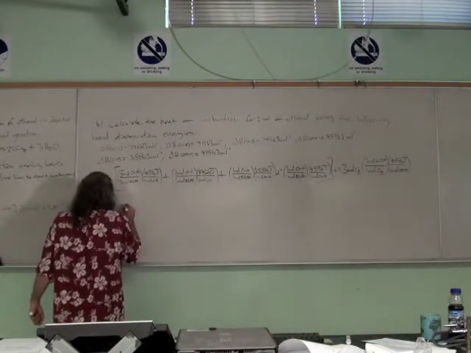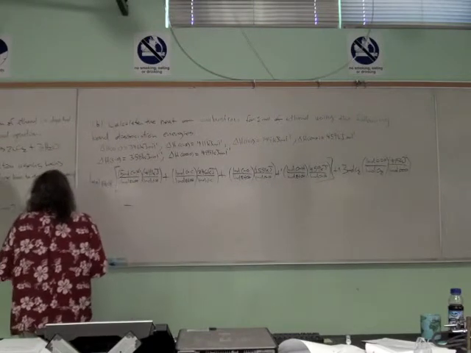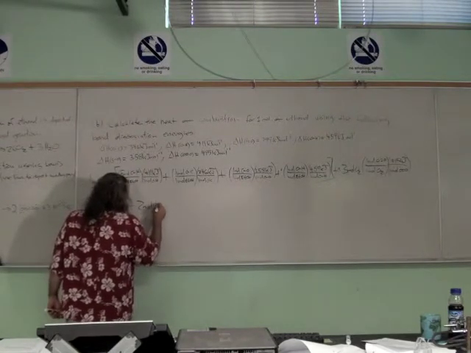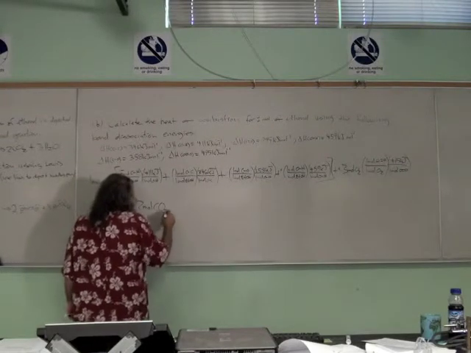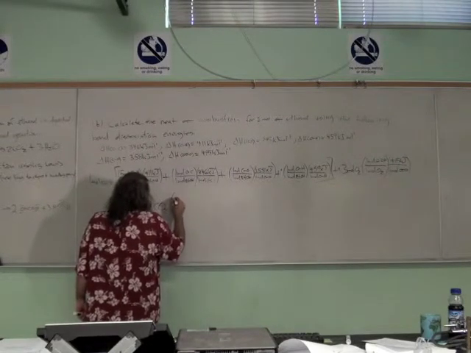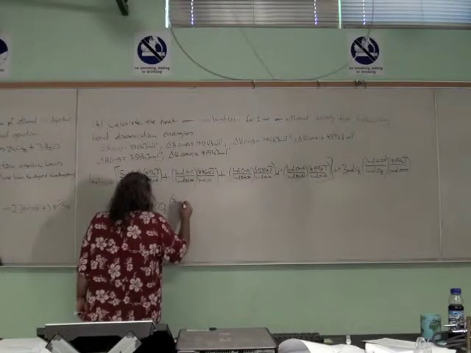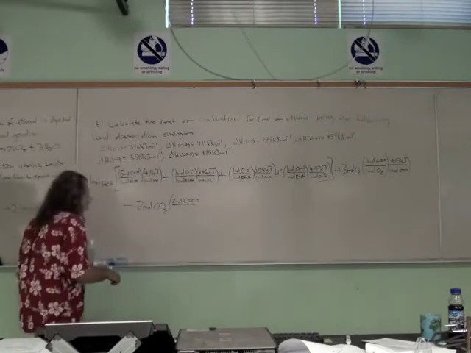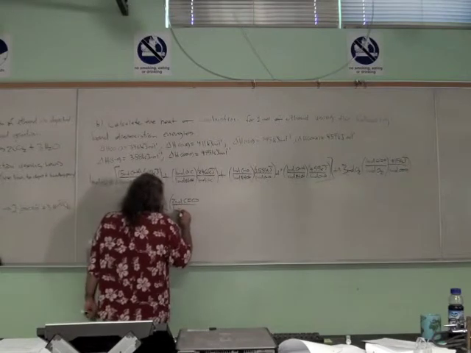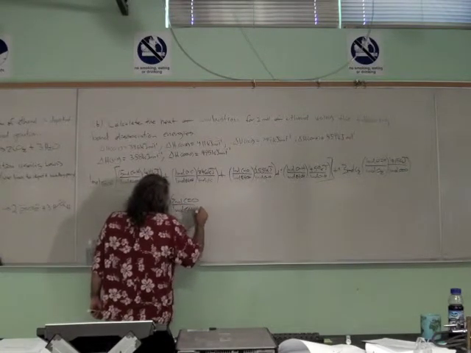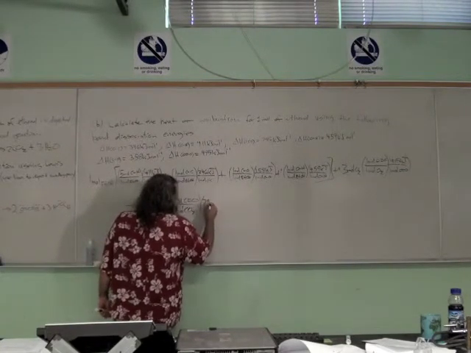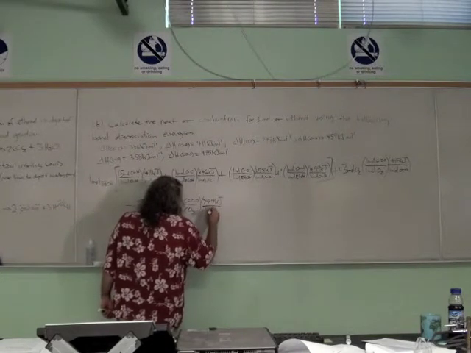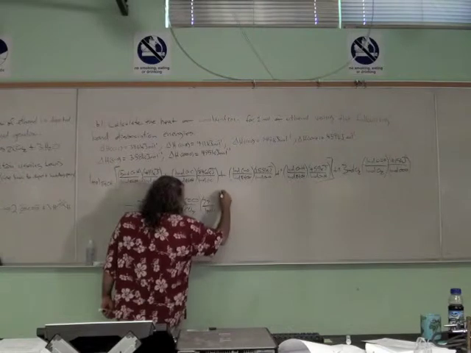It's going to be minus, I have 2 moles of CO2, and there are 2 moles of carbon-oxygen double bond for every 1 mole of CO2, and there is 799 kilojoules for every 1 mole of carbon-oxygen double bonds.